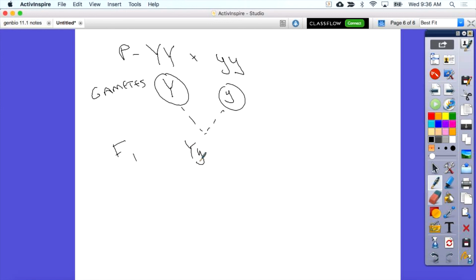So we can observe that all of the offspring, 100%, are yellow.